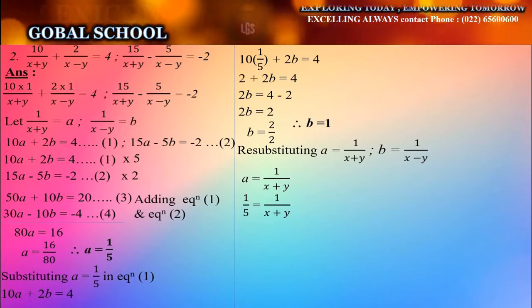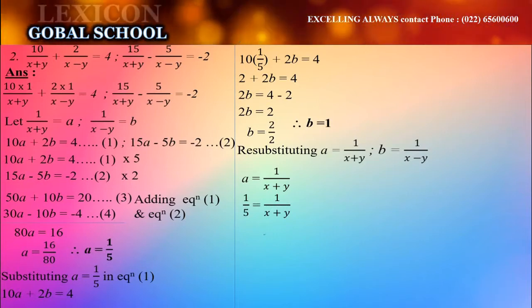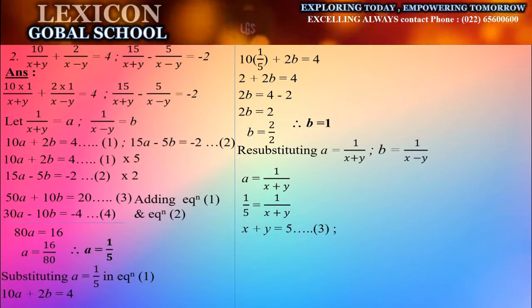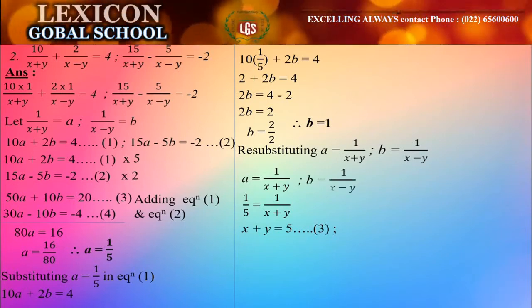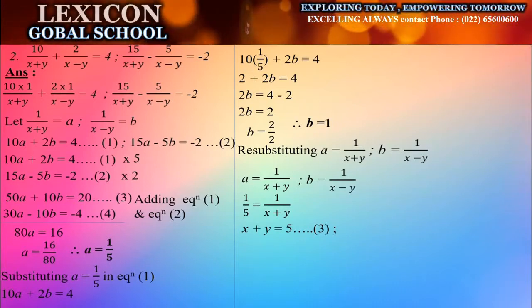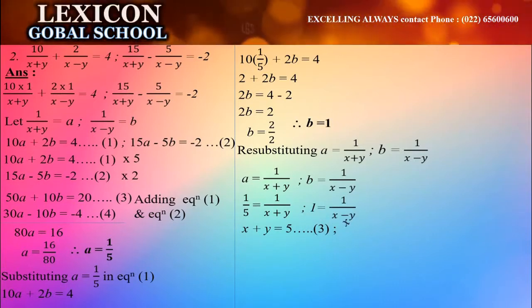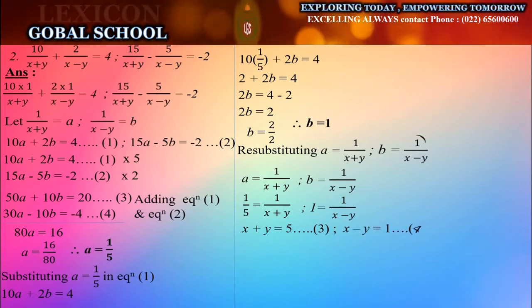The value of a is 1 upon 5. So, 1 upon 5 is equal to 1 upon x plus y. x plus y is equal to 5 would be our equation number 3. Similarly, the value of b is 1 upon x minus y. 1 is equal to 1 upon x minus y. Therefore, x minus y is equal to 1 would be equation number 4.